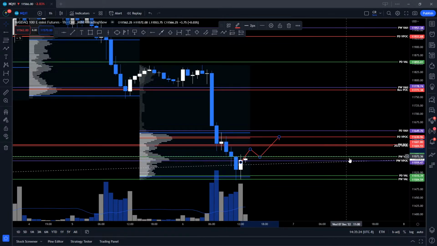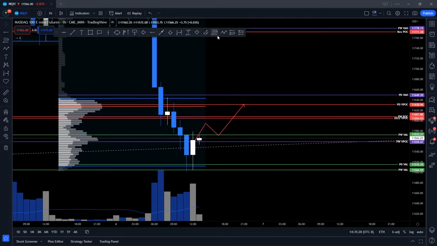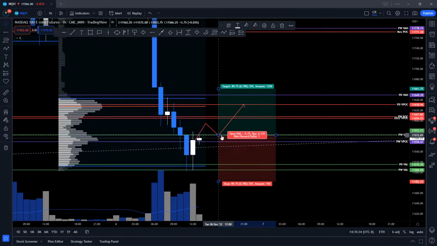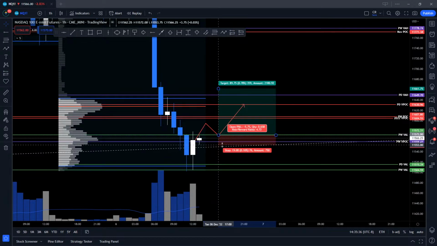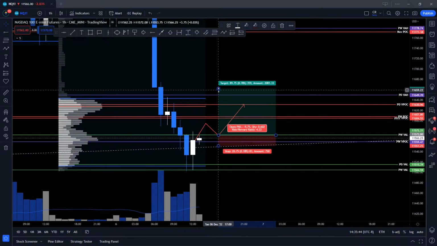What you can do, let's just play this out. If we go long here, you're going to want your stop loss to be below this candle, and probably lining up with this trend line here.